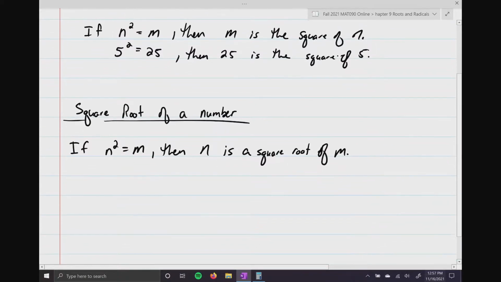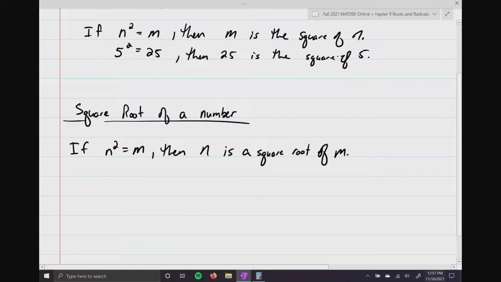Now, we're going to use the same exact numbers that we did above on the top of your screen. If 5 to the second equals 25, then 5 is a square root of 25.